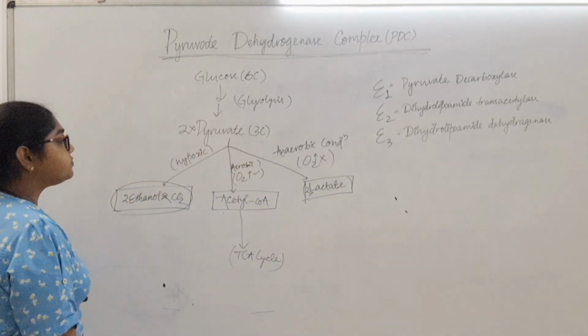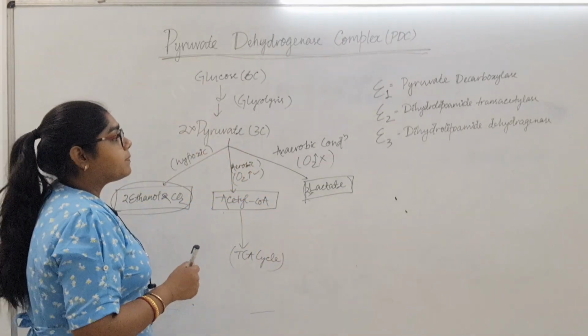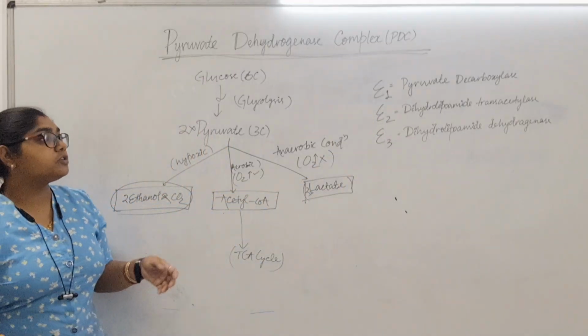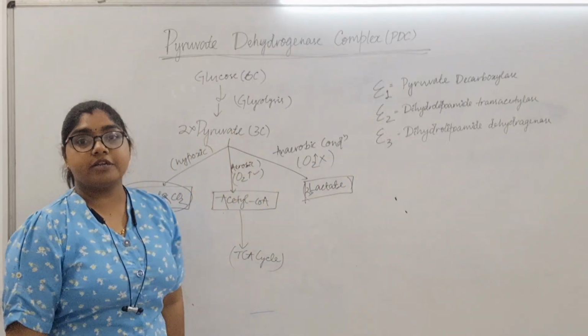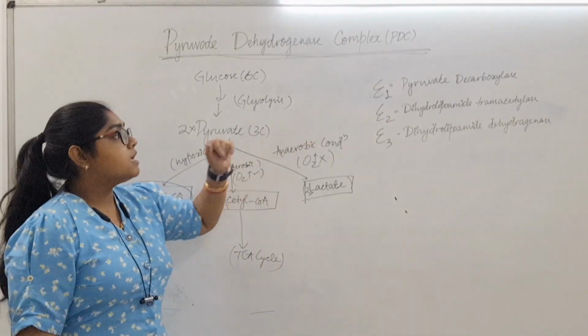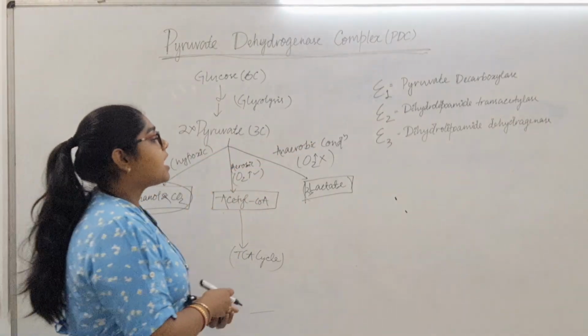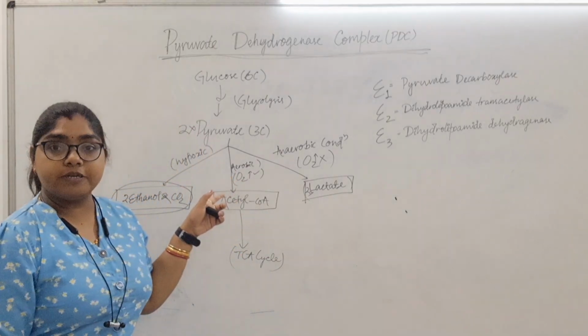E1 is linked with the decarboxylation of pyruvate. It releases a carbon dioxide molecule from pyruvate.